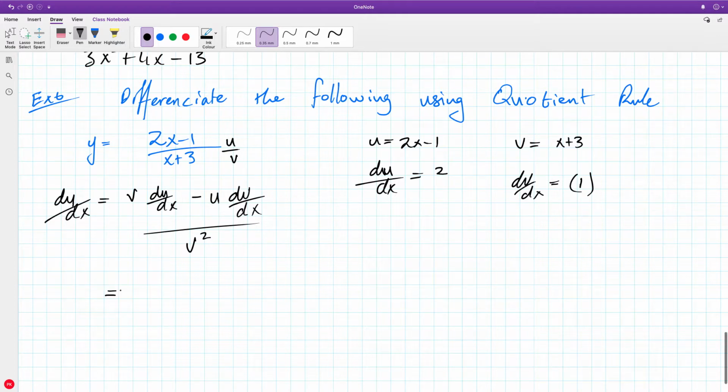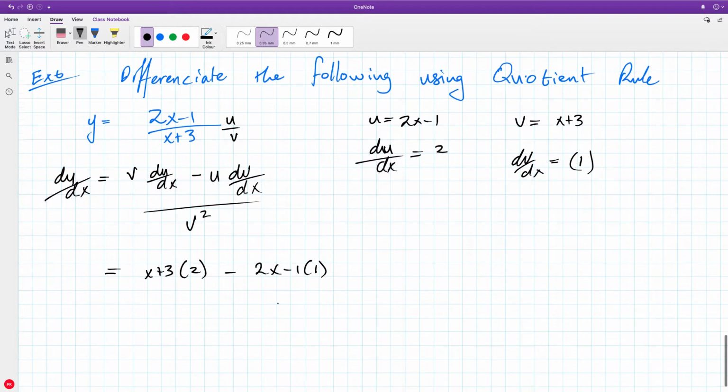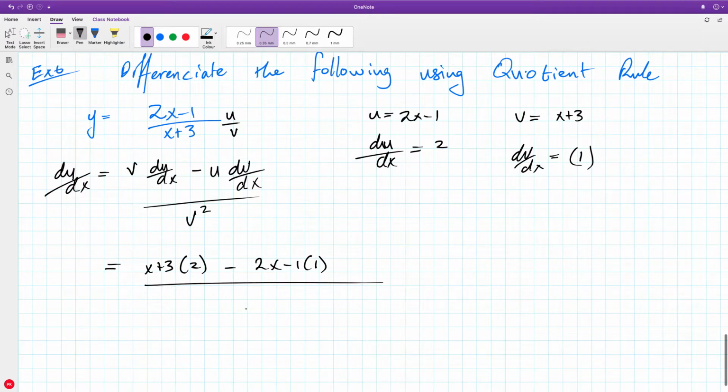So that is equal to v, which is x plus 3, by du dx, which is 2, minus u, which is 2x minus 1, by dv dx, which is 1, all over v squared, which is x plus 3 squared.